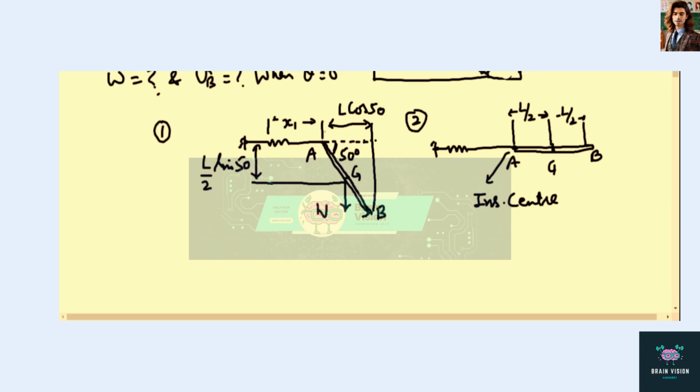Its weight will act in this direction. Vg, omega 2. Now, velocity of center of mass V2 will be L by 2 omega 2. Velocity of B point will be L omega 2.